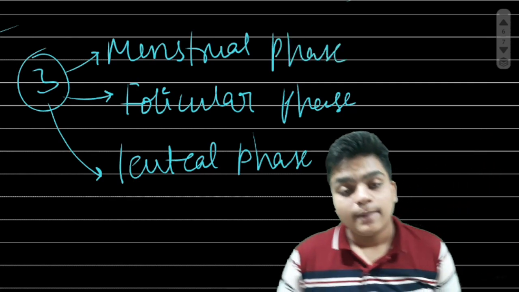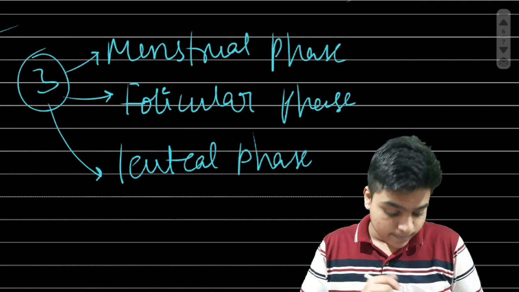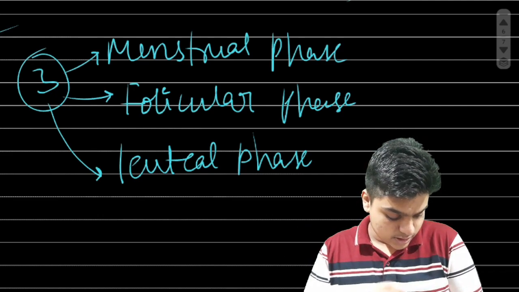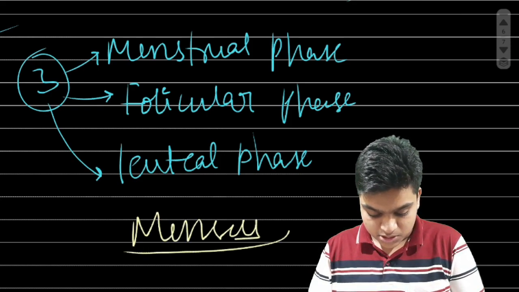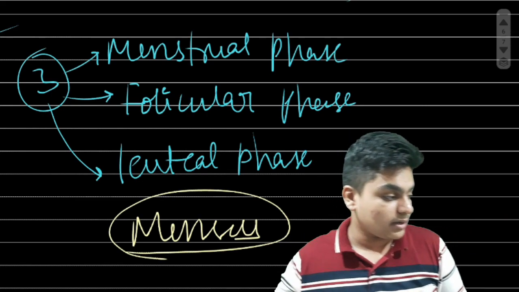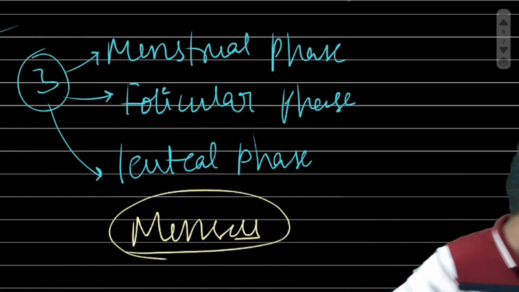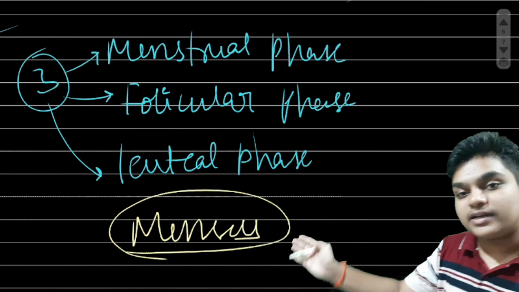Now, in the menstrual cycle, many of you have a confusion. What is menses? This menses is irritating you a lot, I hope, because in the NCERT they haven't written about menses in the running text, but they have given the word menses in the diagram, and this irritates us a lot.